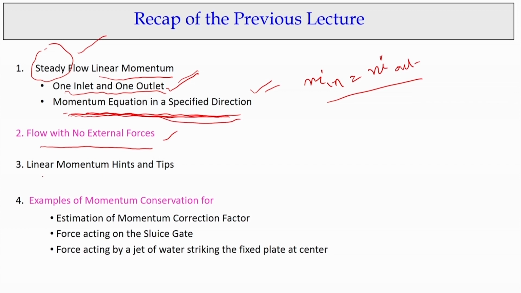When you apply the linear momentum equations, we should follow hints and tips, like we follow free body diagrams in solid mechanics. Whenever you apply the linear momentum equations, you have to draw the control volume and the control surfaces. How to define this control volume and control surface, whether it is a fixed or movable control volume, and how the control surface should be, should be a major emphasis.